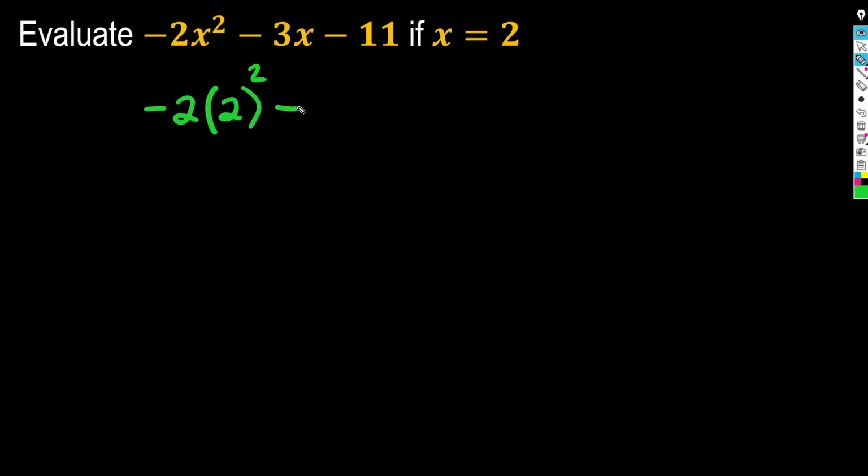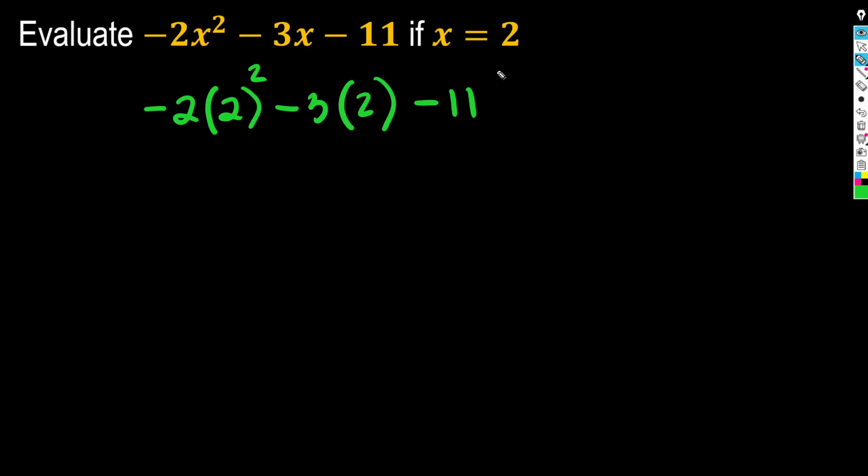And of course, to continue, I have minus 3 times 2 minus 11. See, I end up with something like this. And notice, generally speaking, when you evaluate expressions like what we're doing now, after you plug in your value, it seems like the task goes back to PEMDAS, which means PEMDAS is one thing that we cannot forget.